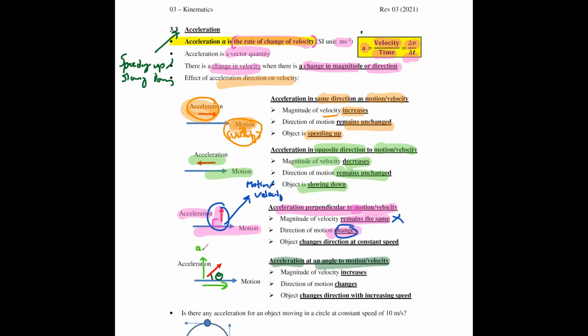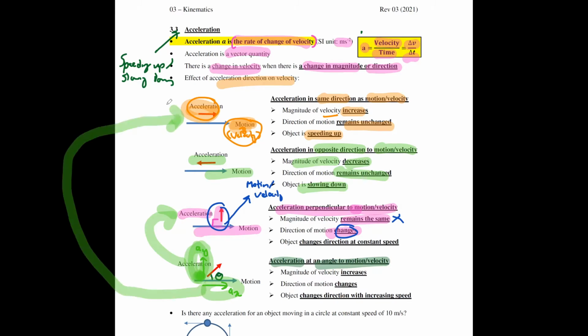There's the vertical acceleration and there's the horizontal acceleration. Now, these two acceleration components will cause two different effects. This vertical acceleration is perpendicular to your motion. It's actually similar to this case. This parallel component of acceleration in the same direction as your motion is actually similar to this case. Okay, so each of these will actually cause an individual effect.